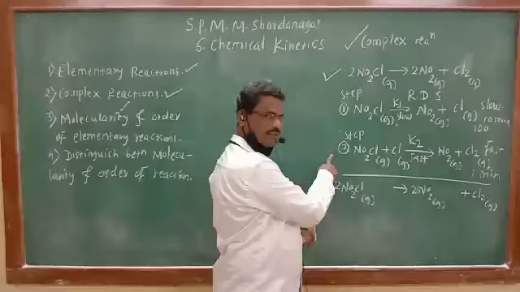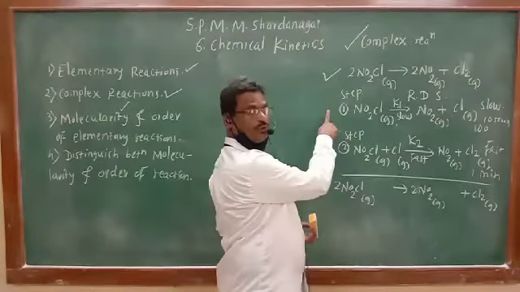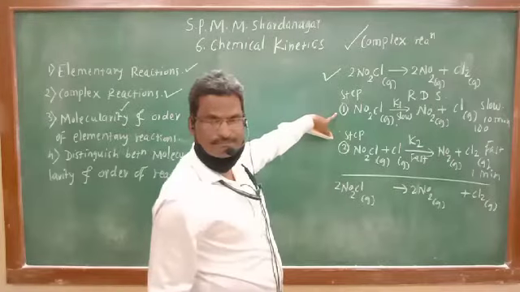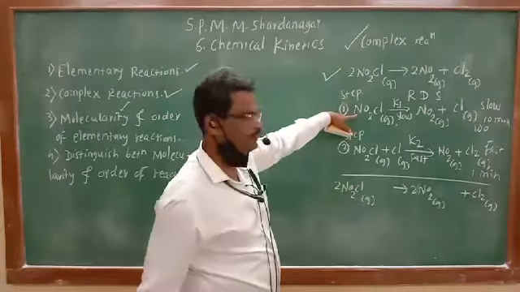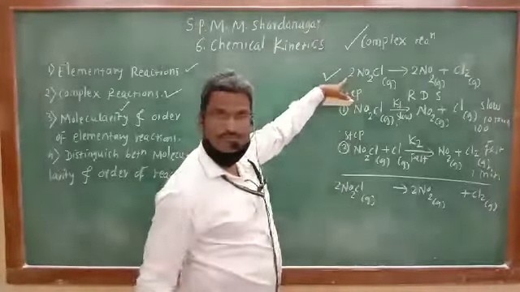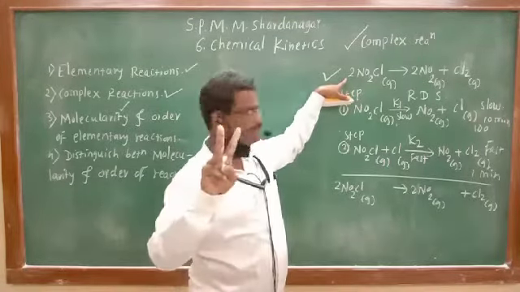First step or second step? First step, because it is slow. And in that first step, what is the molecularity? 1. Overall molecularity is 2. Total molecularity of this reaction is 2.